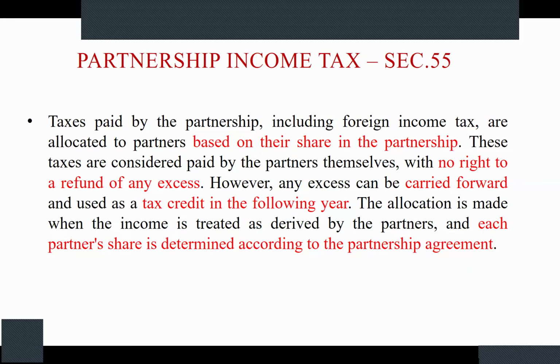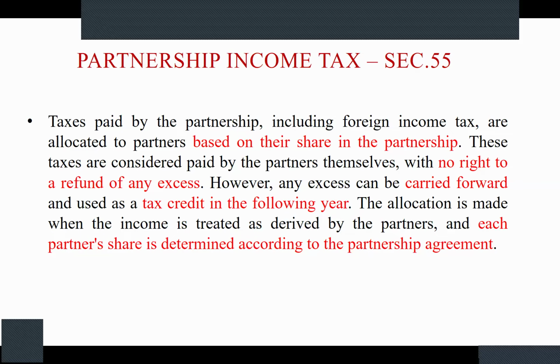If the liability is higher than the 100,000, the balance should be paid by that partner. But if the credit is higher than the tax liability, that means a credit refund. But it will not be refunded, but can be carried forward as a tax credit only to the following year, not the following years.